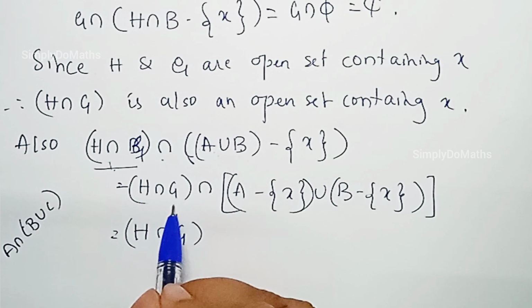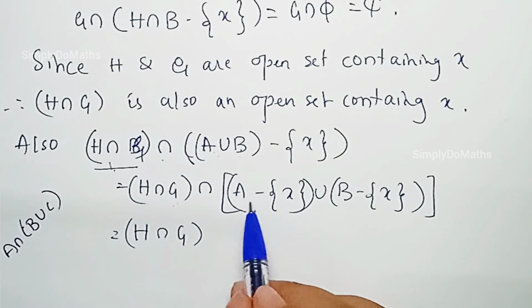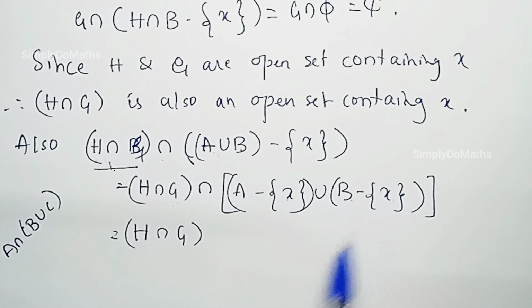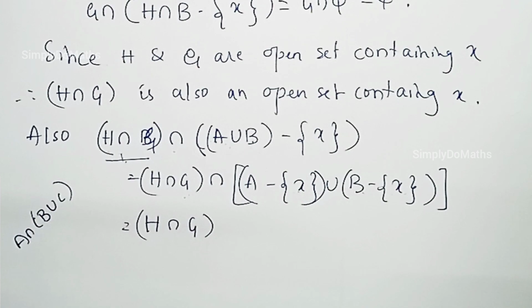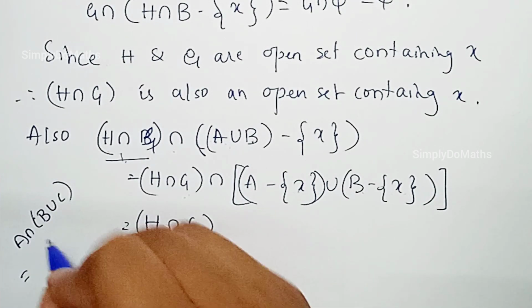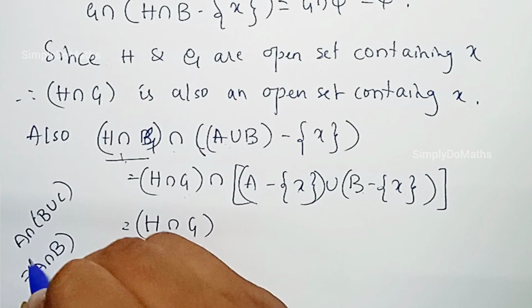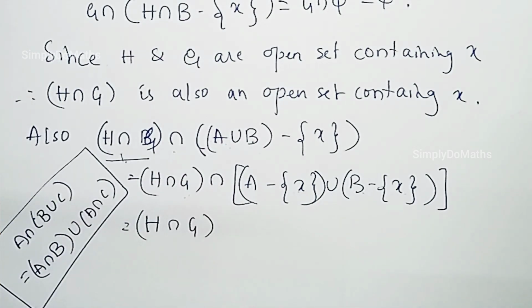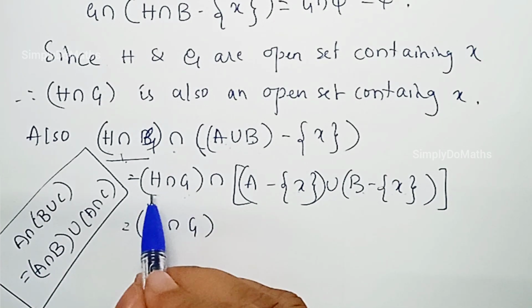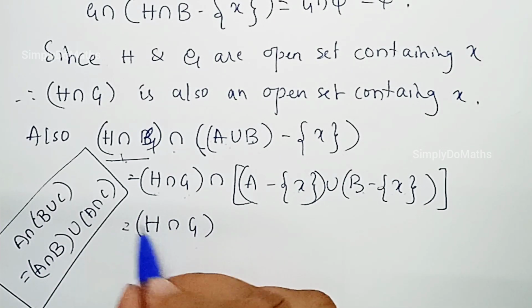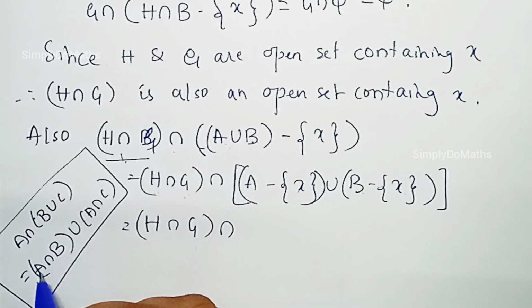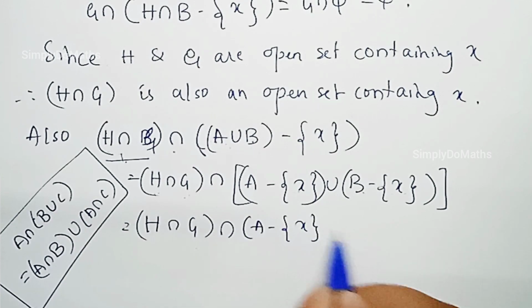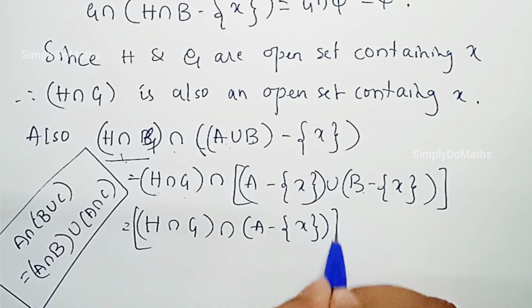In the place of A we have H intersection G, in the place of B we have A minus singleton set X, and in the place of C we have B minus singleton set X. So by the distributive property this can be written as A intersection B union A intersection C. Let's apply this: in the place of A we have H intersection G, in the place of B we have A minus singleton set X. This is one term.